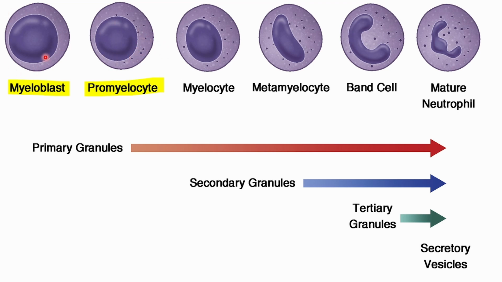So myeloblast, promyelocyte, here is where you will find the Auer rods, not here. Here generally you don't see Auer rods, but here you will see. Why? Because in acute myeloid leukemia these cells are not able to differentiate, they are not able to mature. So as you will see in these cells, there are certain enzymes called peroxidase enzyme, myeloperoxidase.